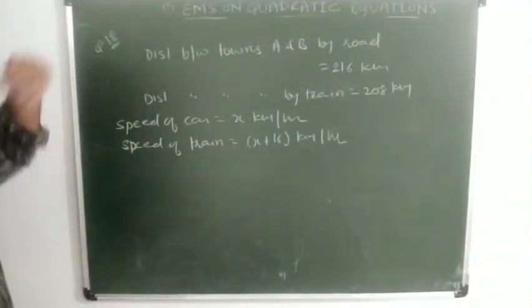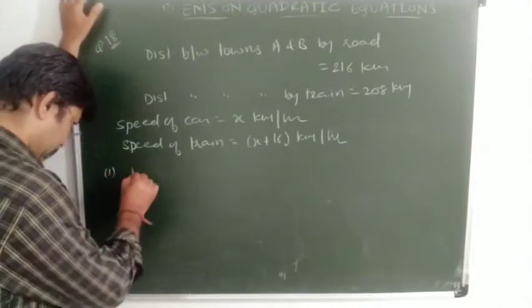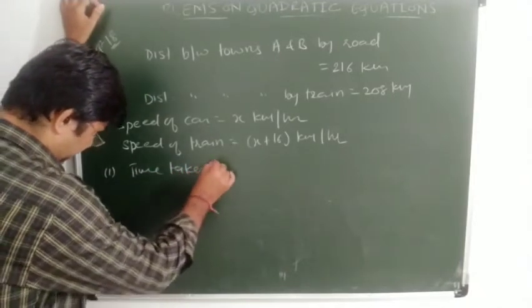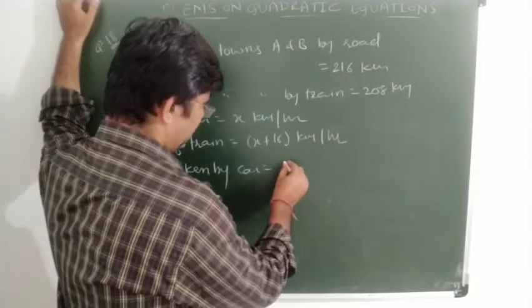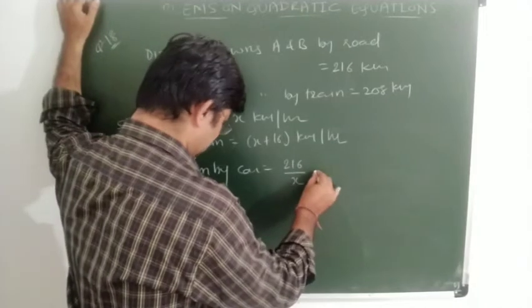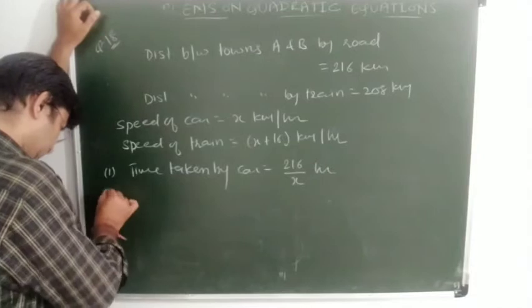We have to write the time taken by car, an expression in x. So time taken by car will be, distance is 216 upon speed is x, so 216 upon x hours.